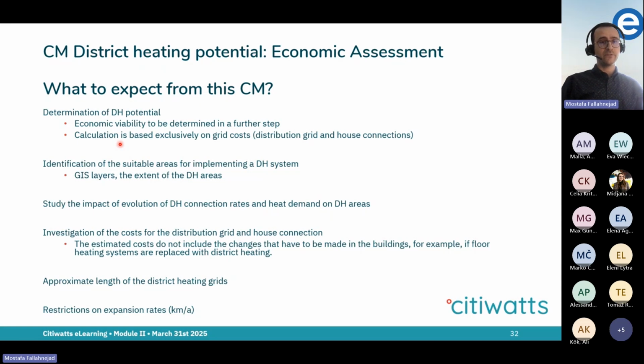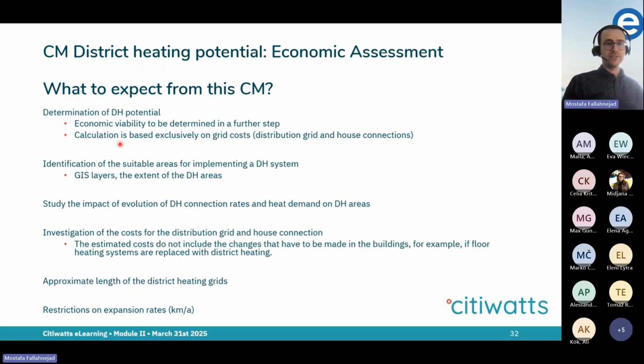It does an economic viability analysis to see how, if the demands change over a period of time, and also if the district heating grid expands over the period of time, where could be suitable for a district heating system, which areas fulfill the requirements provided as input parameters to the calculation module. So basically, it also identifies the suitable areas.